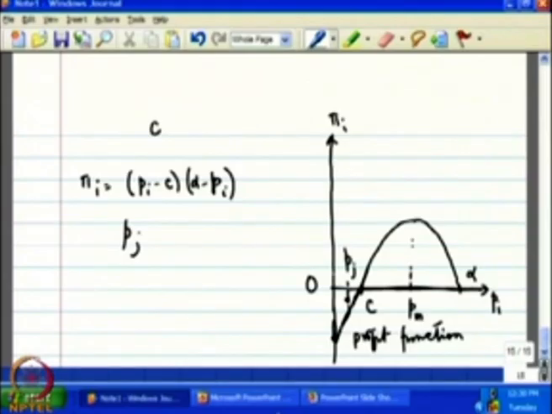So, my profit function is this part, because if I charge a price less than his price, my profit function is coinciding with this curve. If my price is just equal to Pj, I get half of the market given by this point. If my price is higher than Pj, I get profit represented by the horizontal axis. In that case, what should I do?